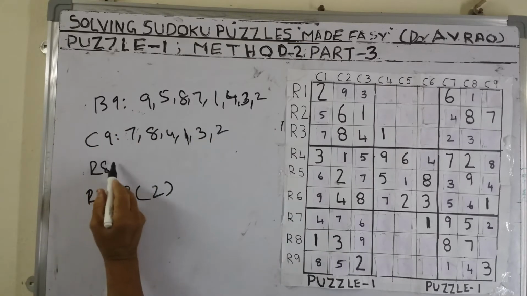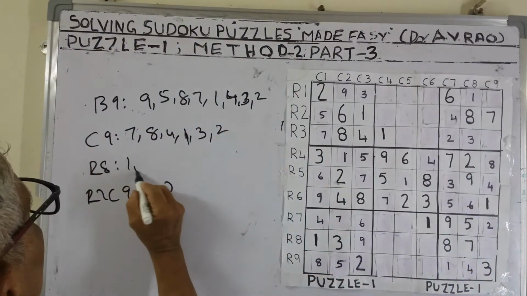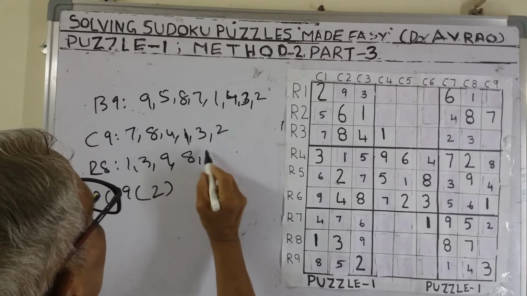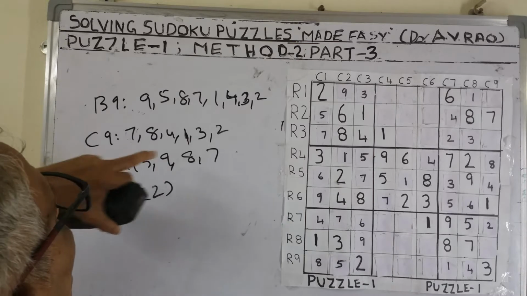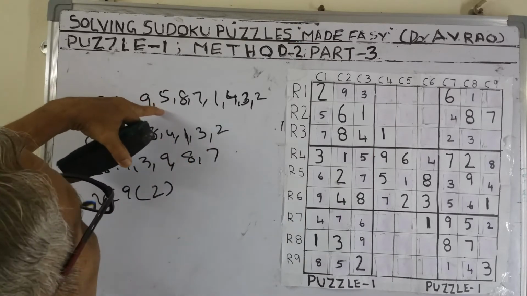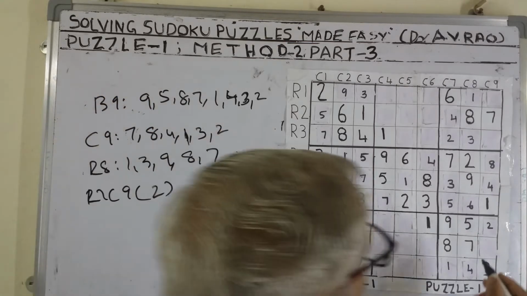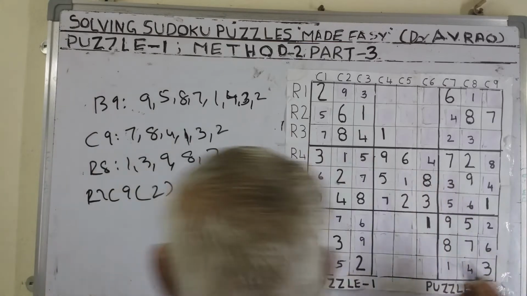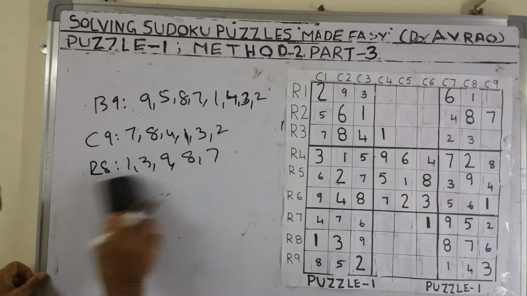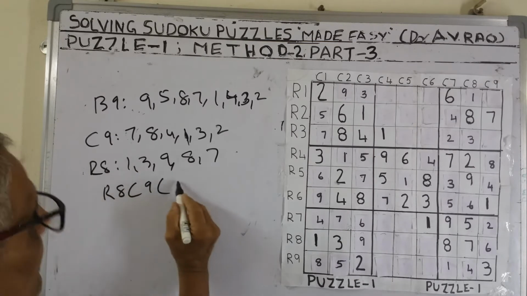Now take row R8. It is 1, 3, 9, 8 and 7. So 1, 2, 3 is there, 4 is there, 5 is there, 6 is not there, 7, 8, 9 are there. So let us fill it up with 6. So this is R8 C9 with 6.